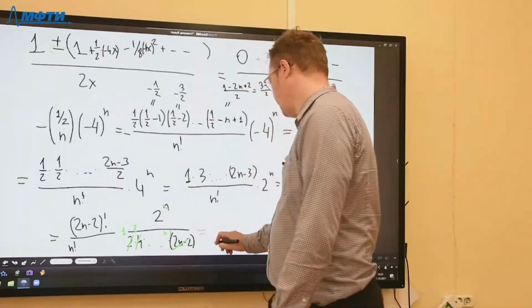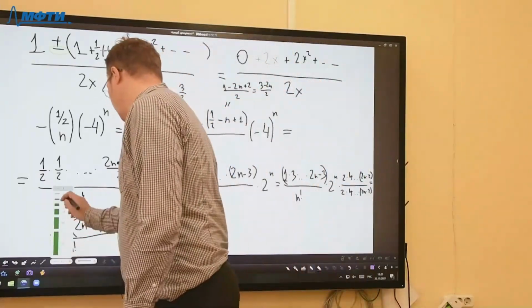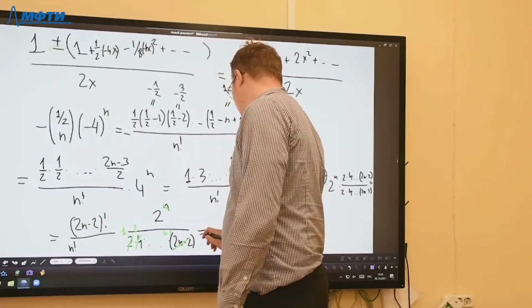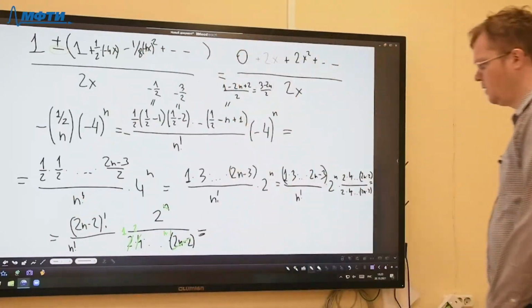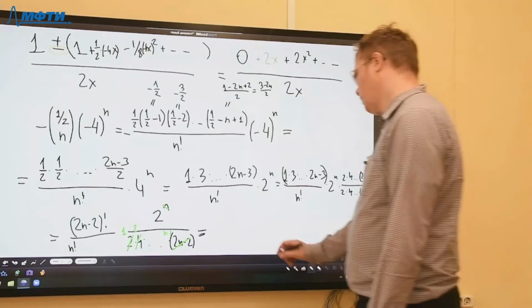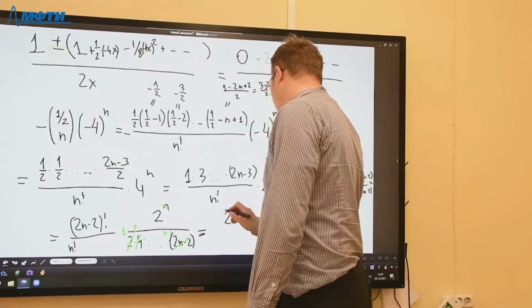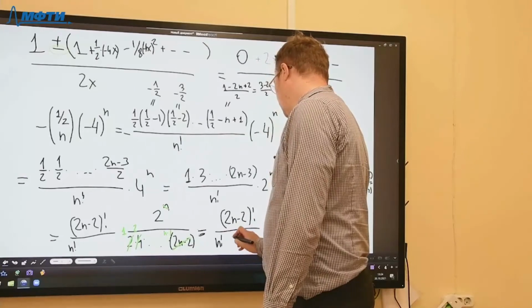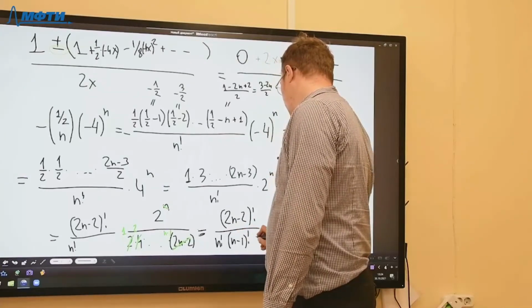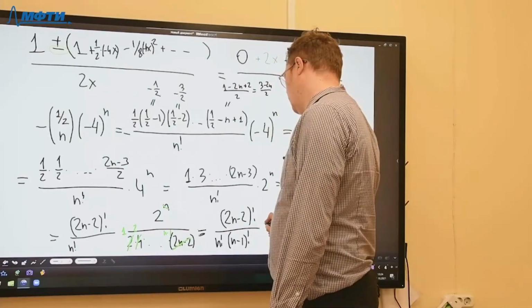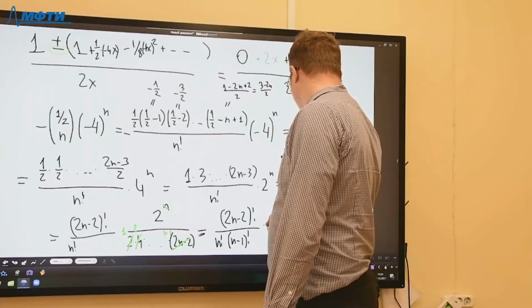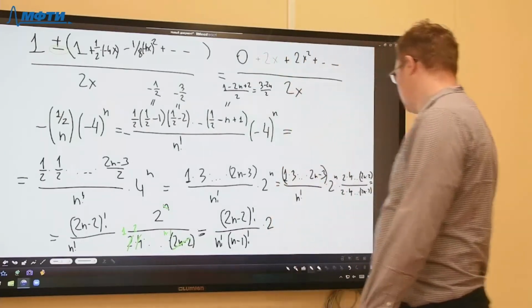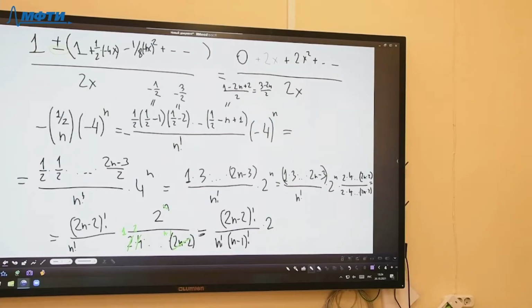So we will have 2n minus 2 factorial over n factorial, n minus 1 factorial, times 2. Okay?